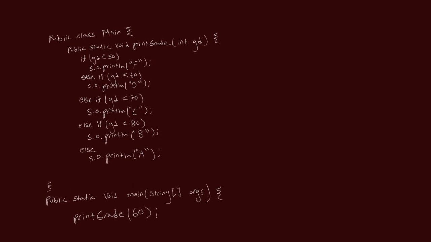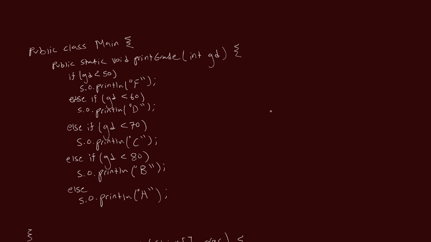But let's say we instead do the following. We have public static int printGrade. Now this is going to be different. Now we have to have return types. So actually, I'm going to do char instead. Okay, so that means we have to have return types of characters.